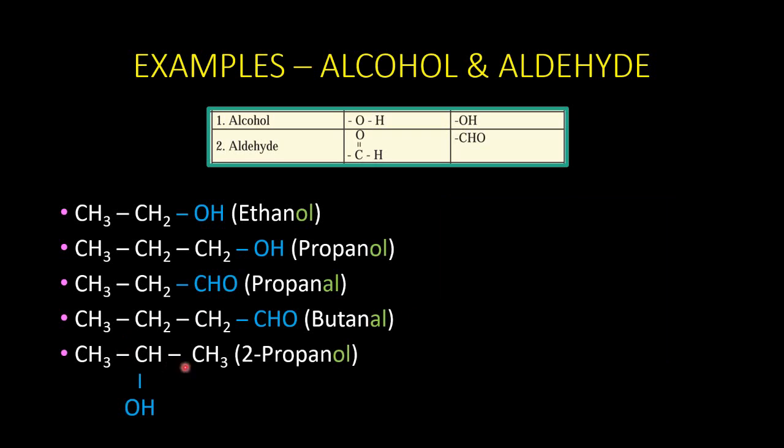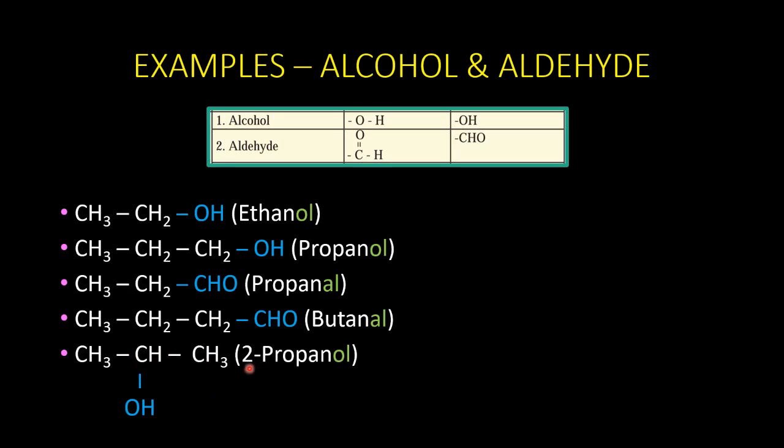The next structure is 2-propanol. Here I have changed the position of the alcohol group. I have connected with the second carbon as we have seen in the previous slide. So I am attaching with first, second and third carbon. So second carbon is having the alcohol group.